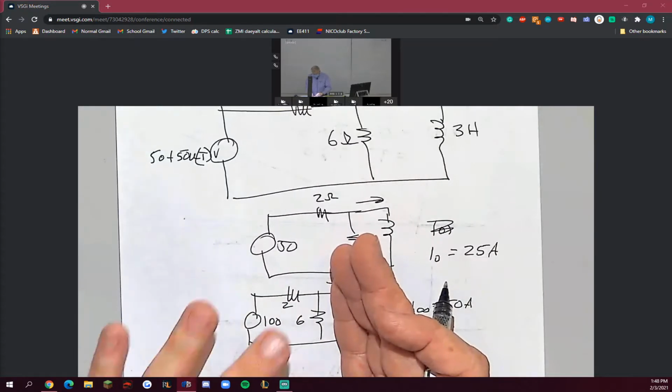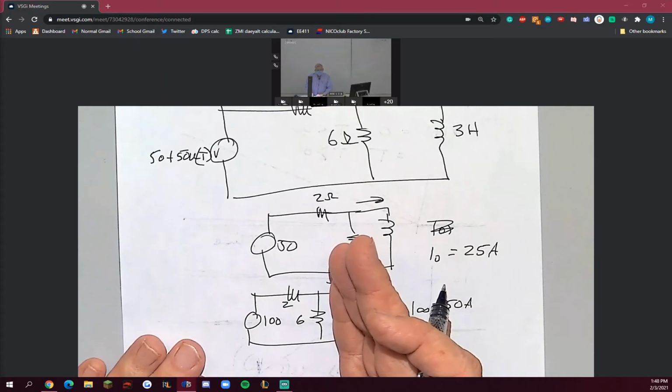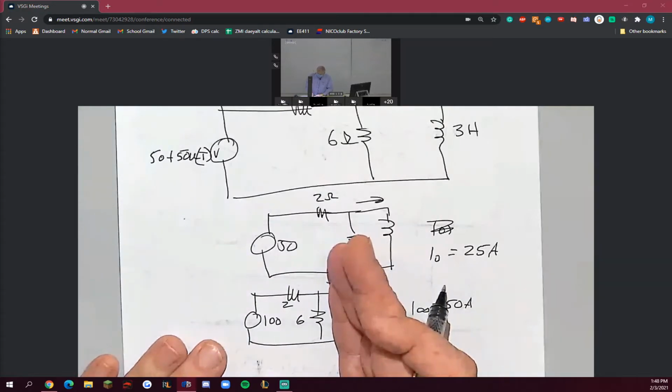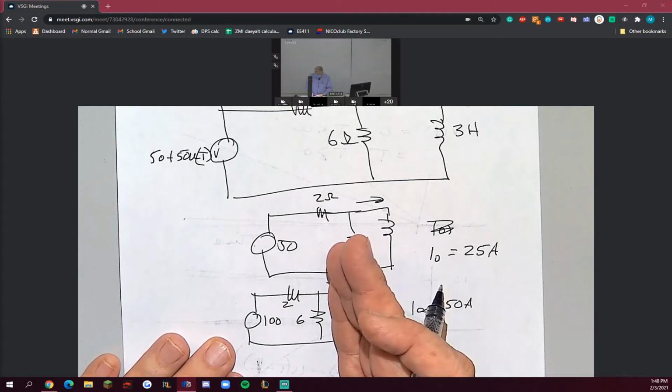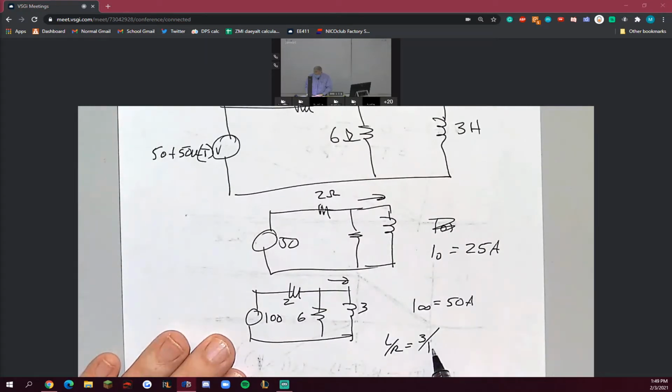That's our resistance that we need for L over R. 2 times 6 over 2 plus 6, that's 1.5. So L over R is equal to 3 over 1.5, which is 2.